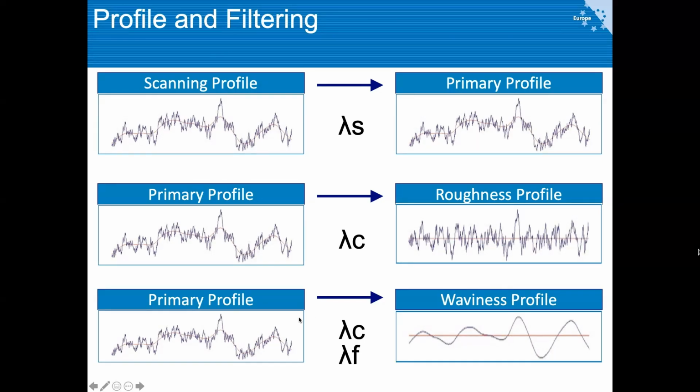And the same is true if you are interested in the waviness component. You can skip the roughness part, which is shown here, and only focus on the waviness itself.